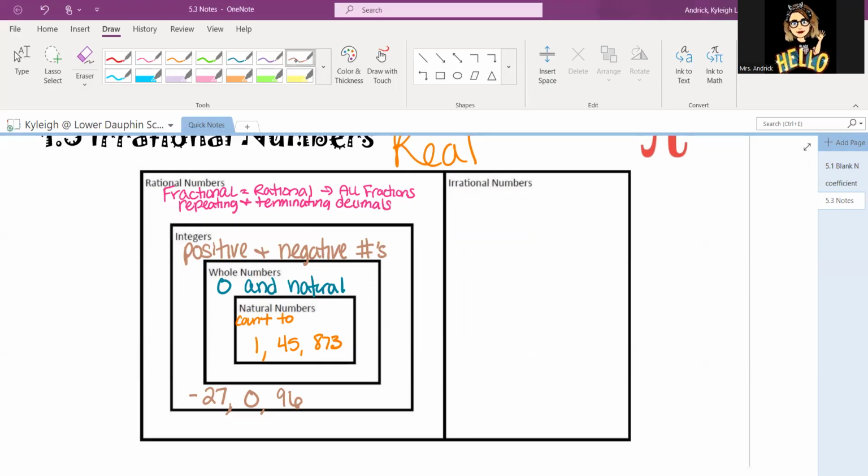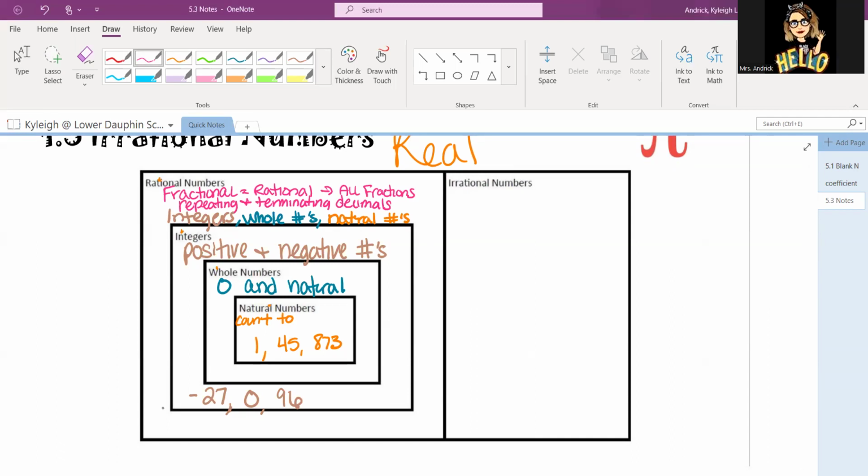And obviously integers, which then makes it whole numbers, and then natural numbers. So if it's natural, it's whole, integer, rational. If it's fractional, it's rational. If it's a repeating or terminating decimal, it's rational.